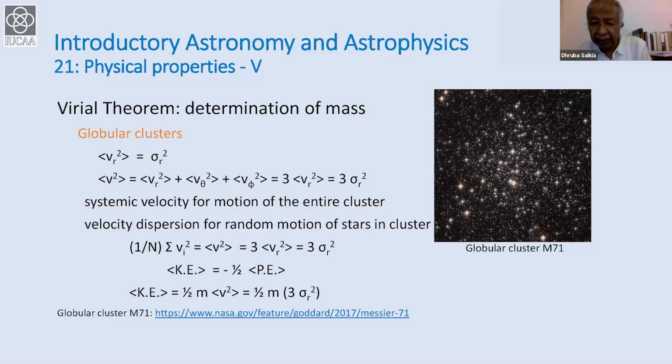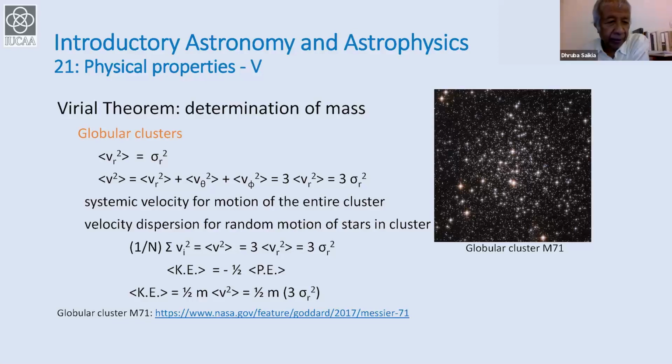Similarly, in the case of a star cluster, the entire stellar cluster or the globular cluster will be moving. But in addition to the systemic motion, there would be random motions of the stars themselves. We can measure the radial motion from the velocity shifts, which is easy to do. In a very dense star cluster, doing proper motion studies is not easy.